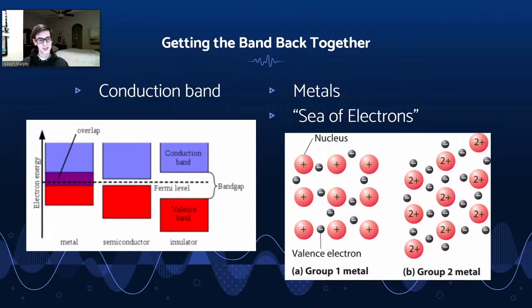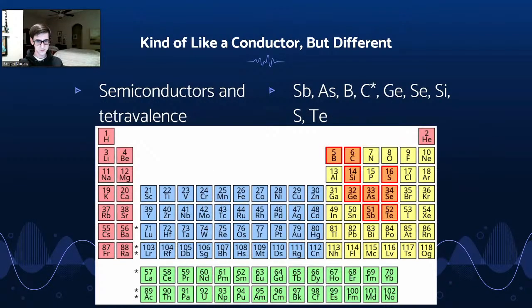They have a smaller band gap than insulators, but not as good as metals, which might seem like a bad thing, but with a variety of methods, we can alter the conductivity of a semiconductor at will, which is, in some cases, more desirable than just having something that's really conductive all the time. That's what the next slide's about, semiconductors.